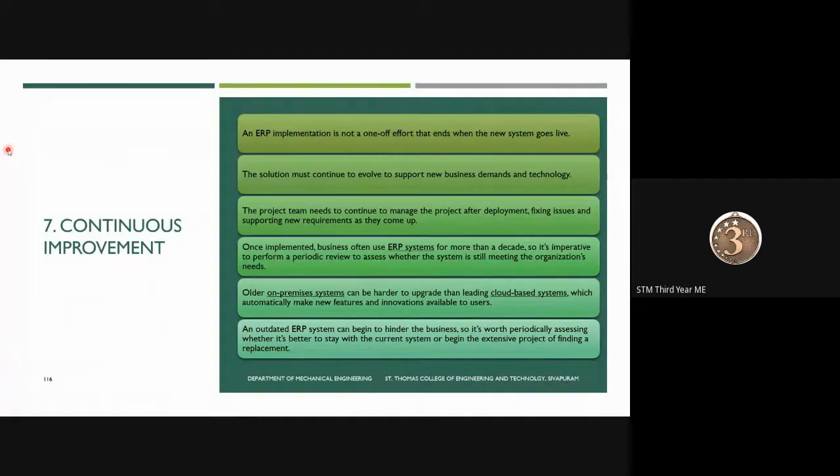If only 50% is done, implementing this can change the ERP implementation completely or affect it drastically, and this is also challenging. That becomes a challenge during ERP implementation. So these are some of the challenges involved in ERP implementation. Basically, there are 7 types of challenges under ERP implementation.